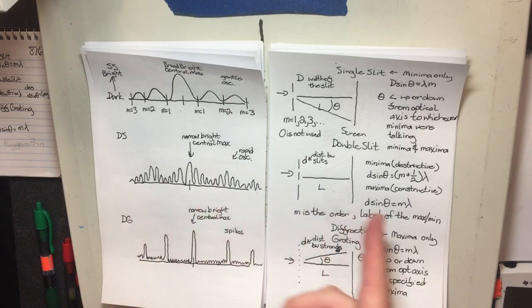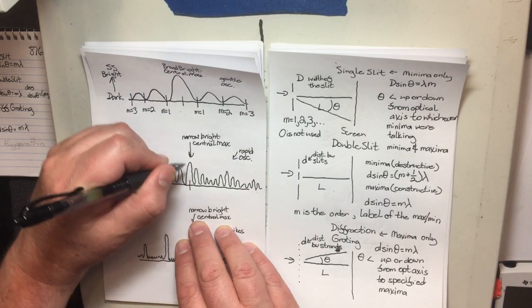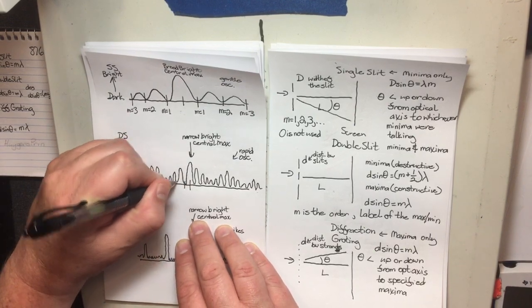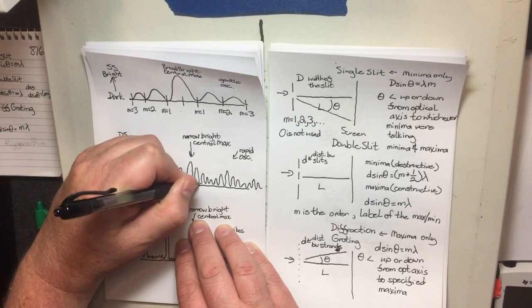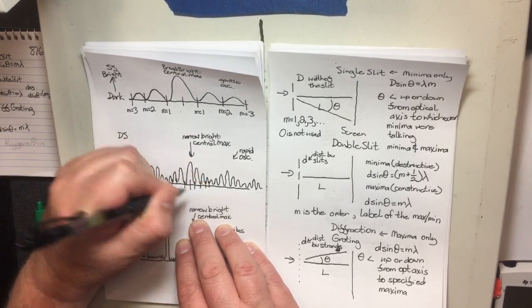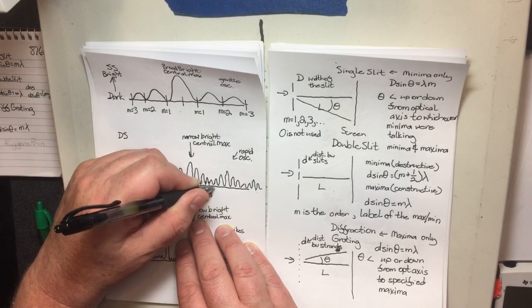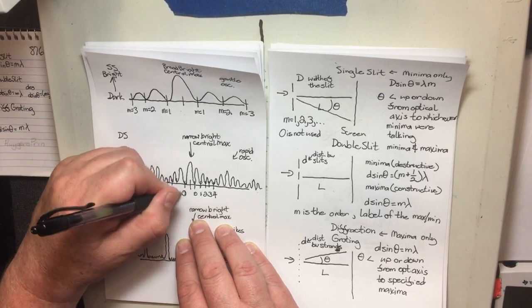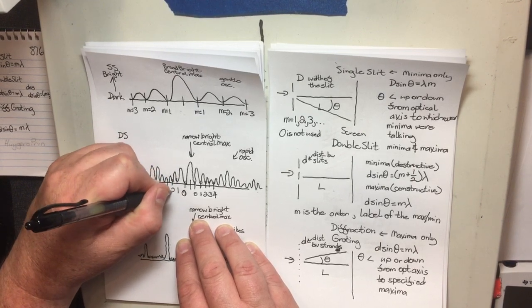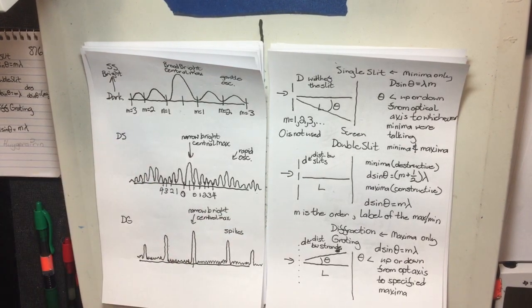For double slits, the minima are there, and they go 0, 1, 2, 3, on and on.